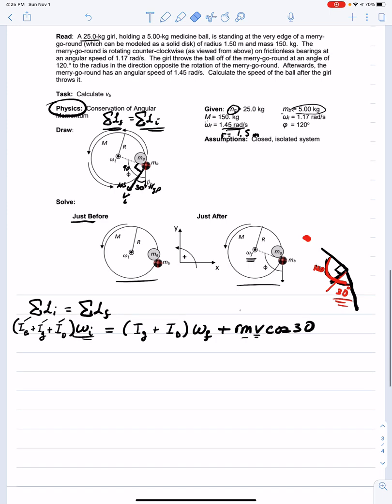Okay, so we identify the initial and the final, and now all we have to do is convert everything into what we are given. So we were given mass and we were given the radius.